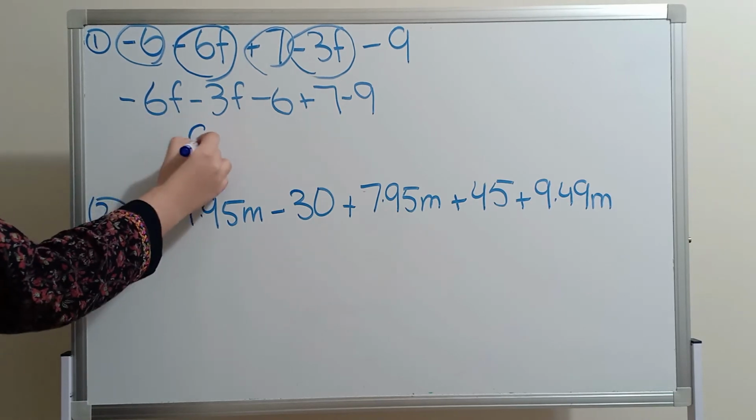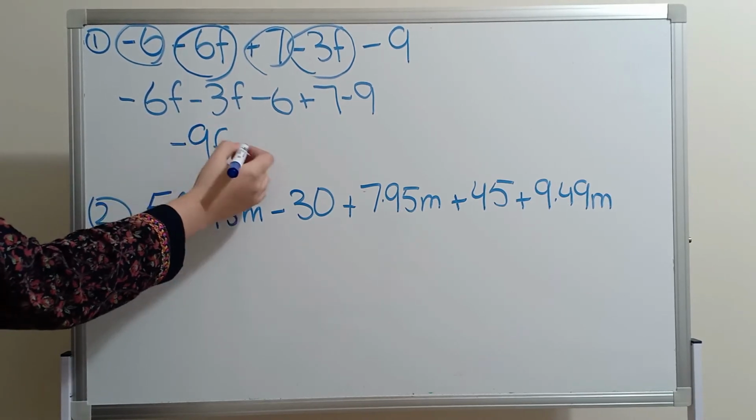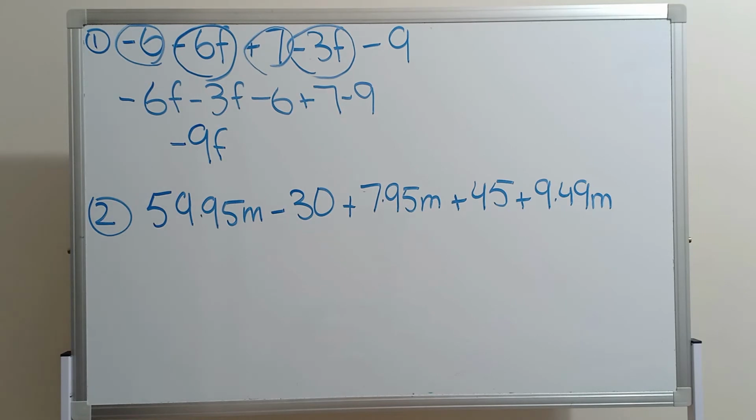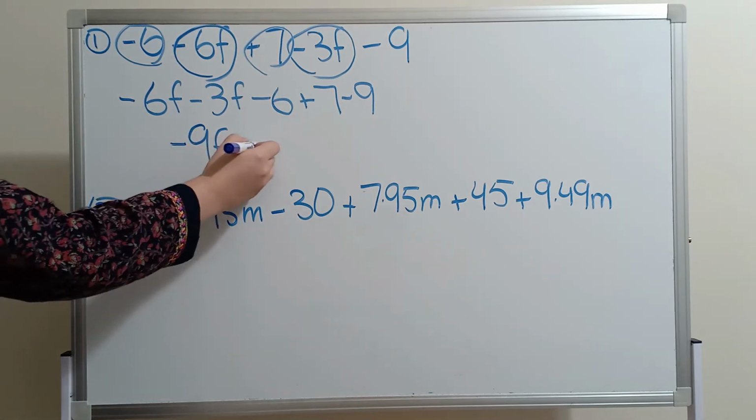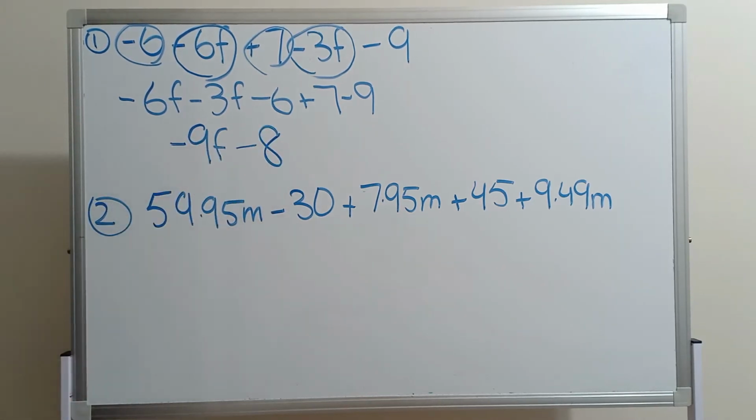We put the variable, which is f, so negative 9f. Then negative 6 plus 7 is going to give us positive 1. Subtract 9 is going to give us negative 8. So our final expression is going to be negative 9f subtract 8.